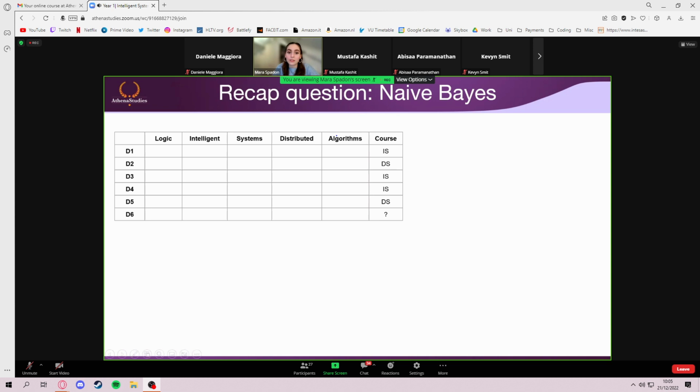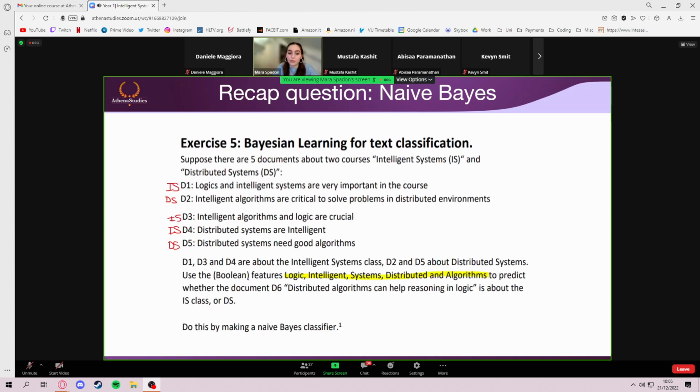So if I would write this down in a Boolean feature way, so what does that mean again? We would have like zeros or ones, right? Or trues or falses. So if we look at logic, intelligent systems, distributed, and algorithms, how would I write down what is in this sentence? If I want like a 0, 1, 0, 0 kind of like that, how would I write that? 1, 1, 1, 0, 0.